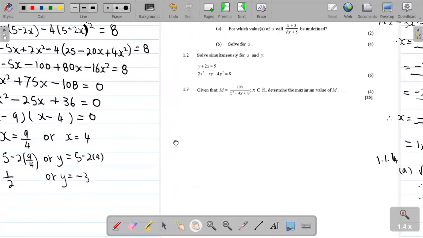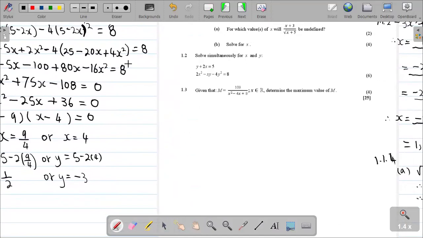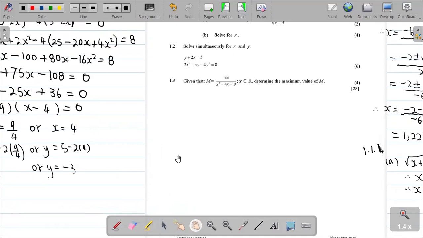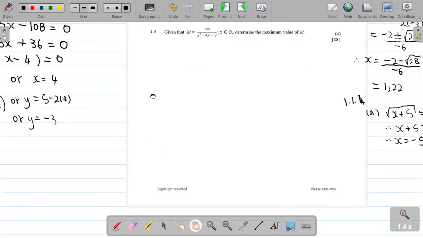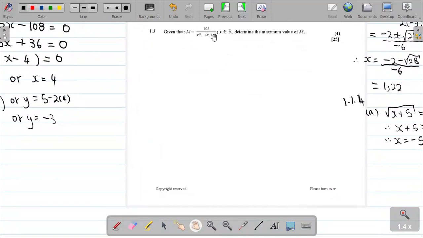Okay, let's go to 1.3. They say you are given that m equals that, determine the maximum value of m.